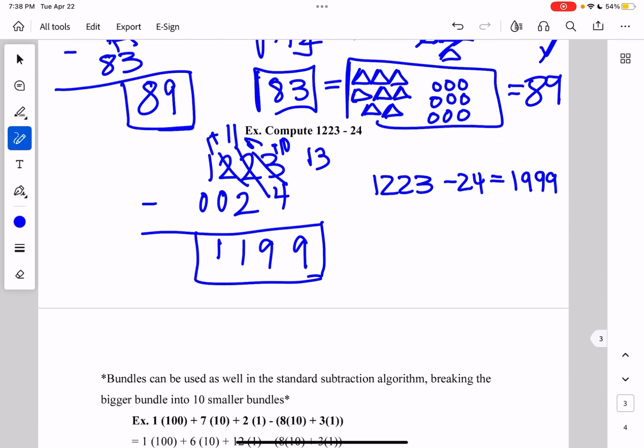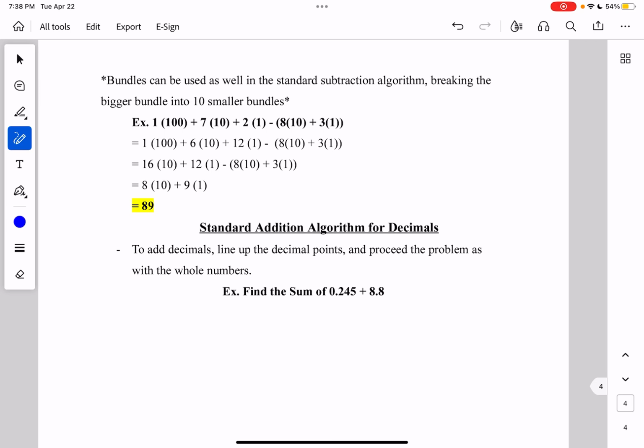I broke it down, but if you're more of a visual person, you're able to see it down here. It gets broken up each time into smaller parts, and then you just add the last remaining part to get your 89.